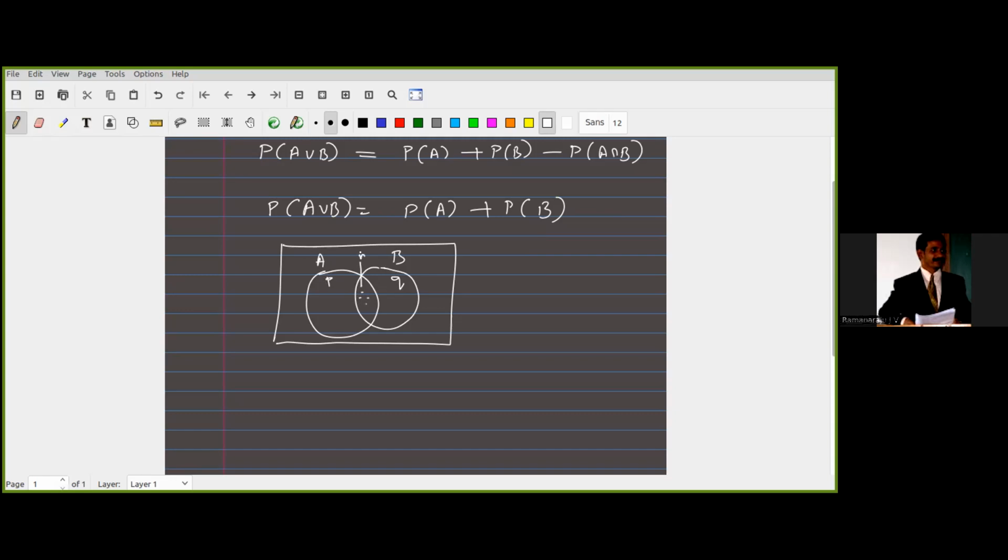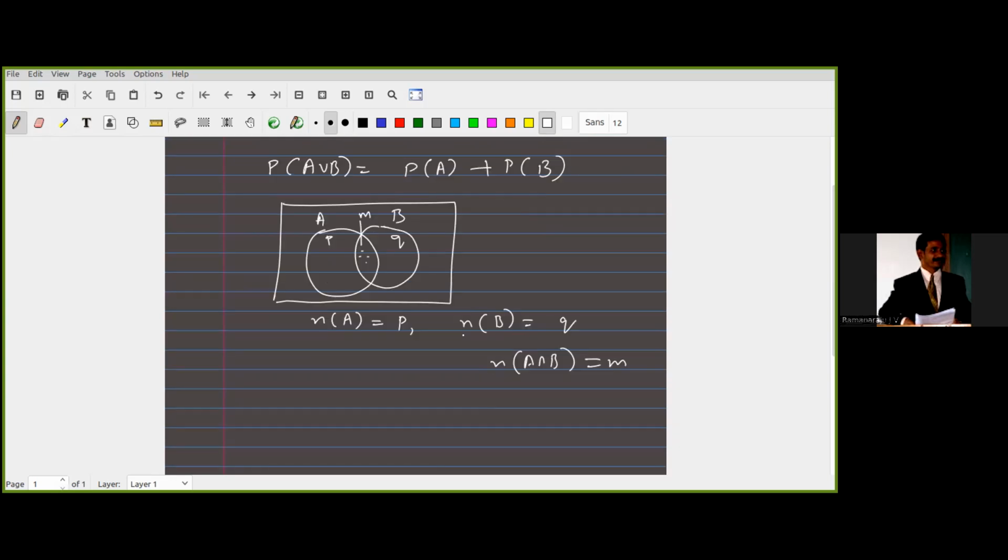Let's say that is M. So N of A is equal to P, N of B is equal to Q, and N of A intersection B is M. So now by definition of probability, let's say sample space is S and S has got N elements, then P of A is clearly what? P divided by N. P of B is Q divided by N.